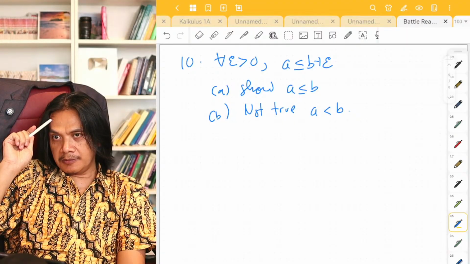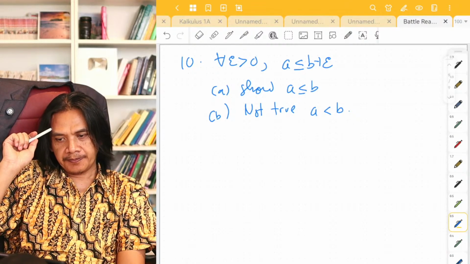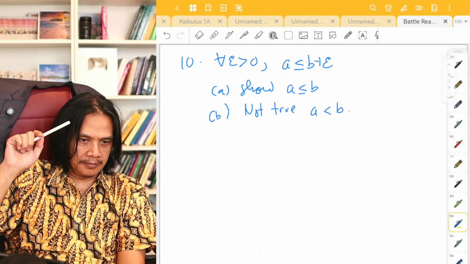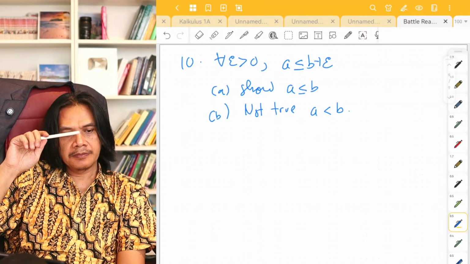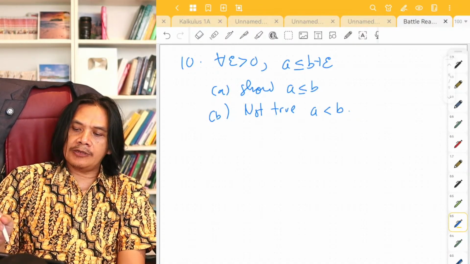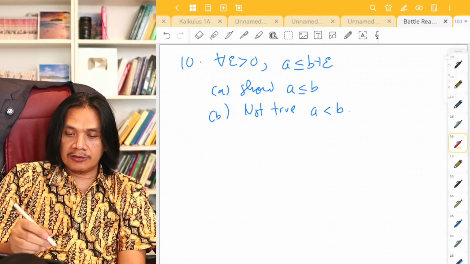So to make a convincing argument from this: A is always less than or equal to B plus epsilon for every epsilon that is positive. If it is something like this, I always ask what's wrong if it is not.